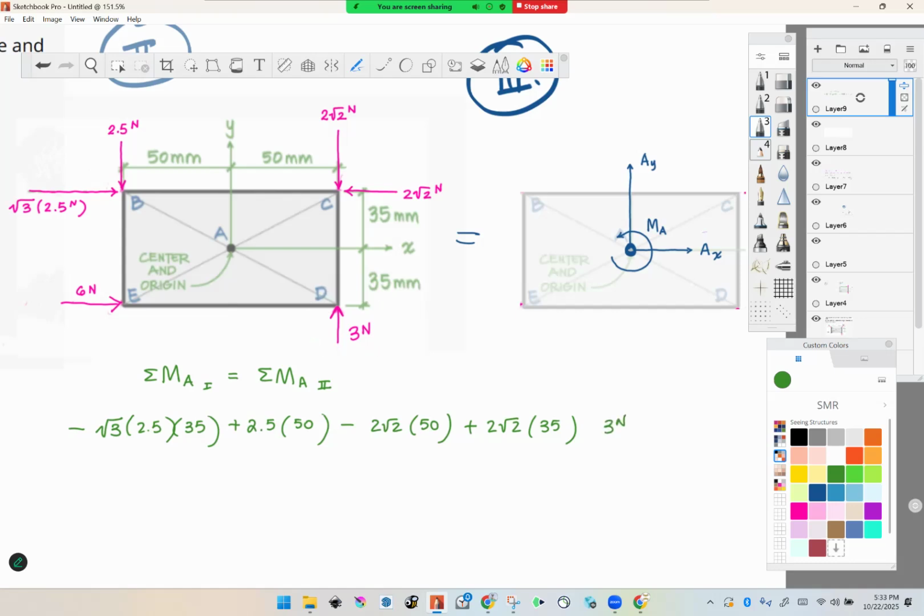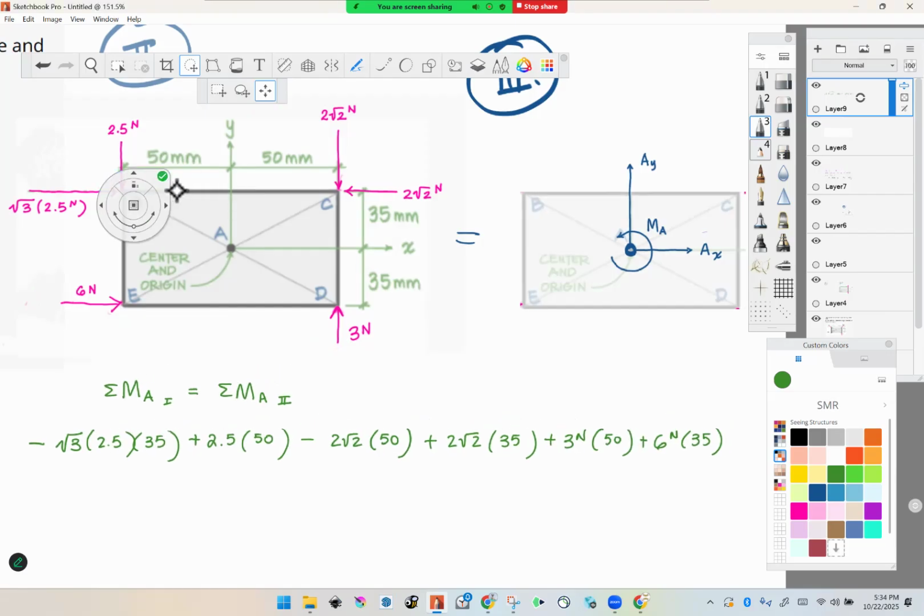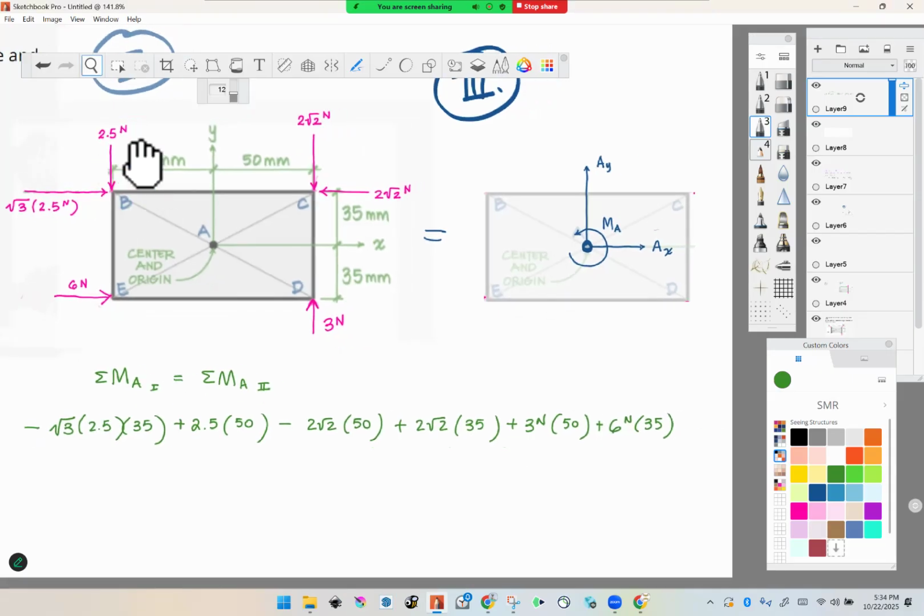That one has a moment arm of 50 and its sign is positive. And the last term, goodness, this one goes on and on, doesn't it? 6 newtons times a moment arm of 35 millimeters and its sign is positive. And did I get all the terms? 1, 2, 3, 4, 5, 6. Okay. I'm going to say that I got them all.